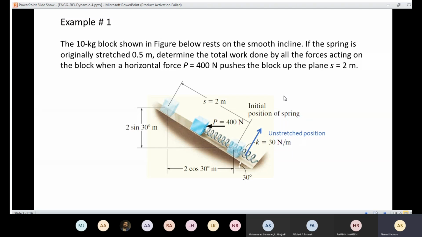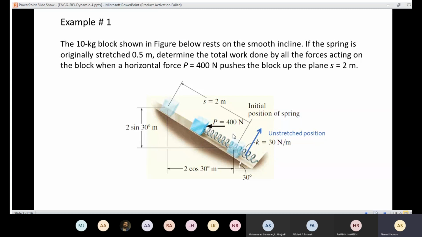Here is the unstretched length. Here is s1, the initial position. At the initial position, we have stretch equals 0.5. Then the block moved from here to here by a distance equal to 2 meters. So s1 is 0.5 and s2 is going to be 2.5 because my reference is from here. Take care of that point.